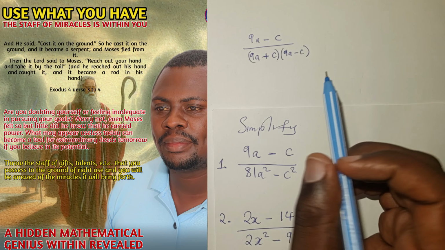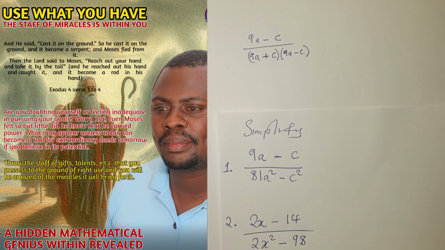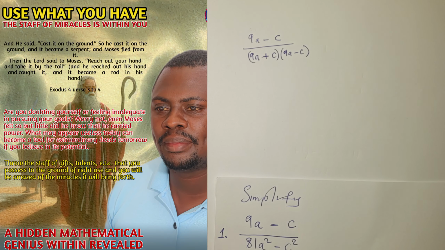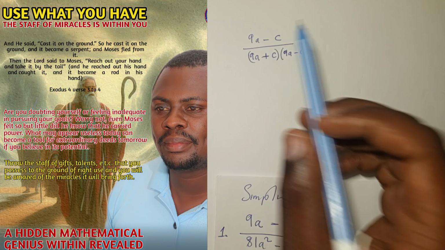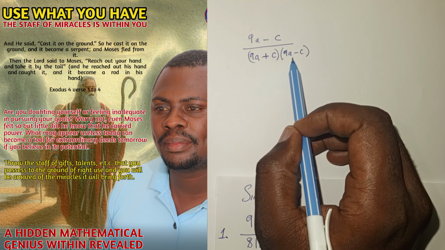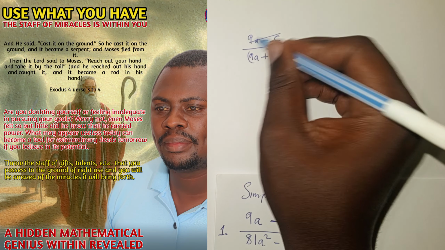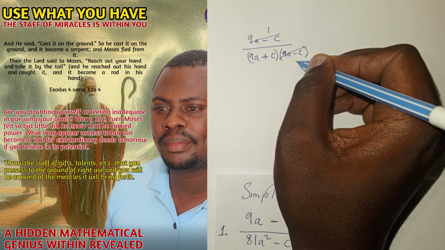So it's the product of 9a plus c and 9a minus c. Now, if you look at the numerator and our new denominator, we can say that there is a common factor. There is 9a minus c in the numerator, and there is also 9a minus c in the denominator. So 9a minus c in 9a minus c, it will be 1. So there we have 1, and there 1.